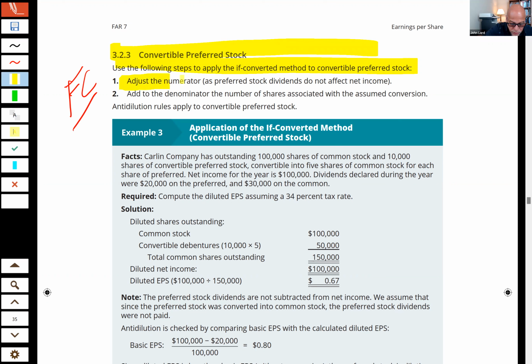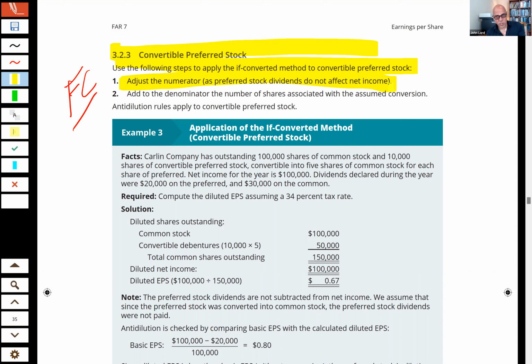So we will simply pick up whatever the net income was. Sometimes they'll give you what the preferred dividends were and your instinct is going to be to add that back to net income. No, net income was net income. And when we're trying to calculate the basic earnings per share, yeah, we subtract the preferred dividend.